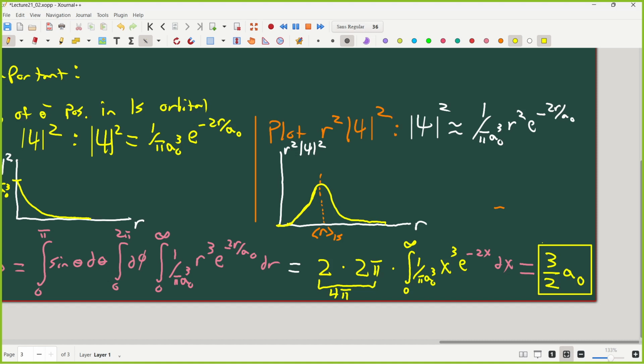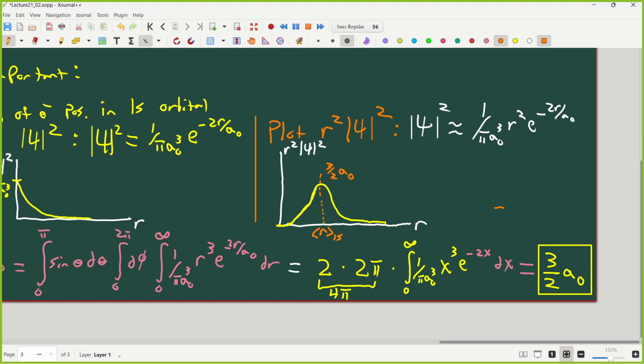So the average value of the electron position in the 1s state, the mean value, is 3/2 a naught. This is where a naught comes from. A naught is basically, give or take a small amount, the average position of the electron in the hydrogen atom.